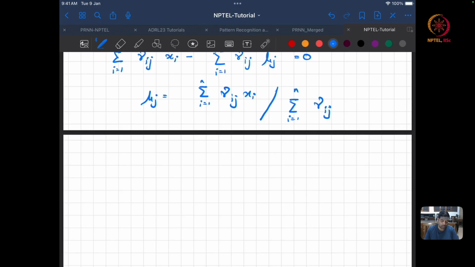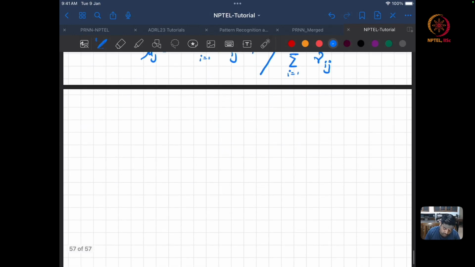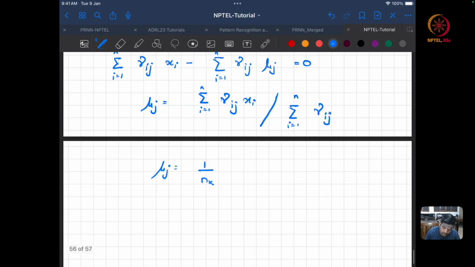So now this we can say is some kind of constant. Because of which I can say that my mu j is 1 over nk, or in this case better to say nj, into the summation over i equal to 1 to n of the responsibility times xi.